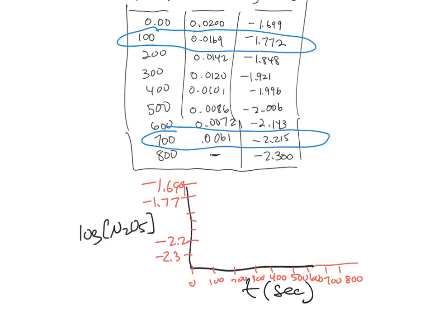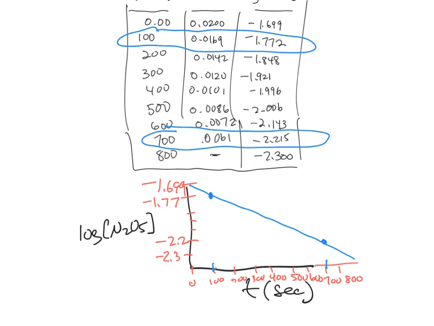If you have 100 seconds, then it's negative 1.772, so it's going to be right there. And if it's at 700 seconds, the logarithm is going to be negative 2.2, something like that. Okay. You could plot the other points and you're going to get a nice straight line.